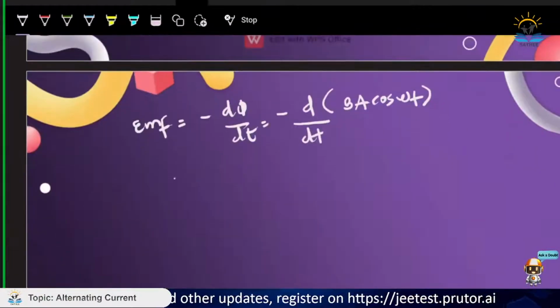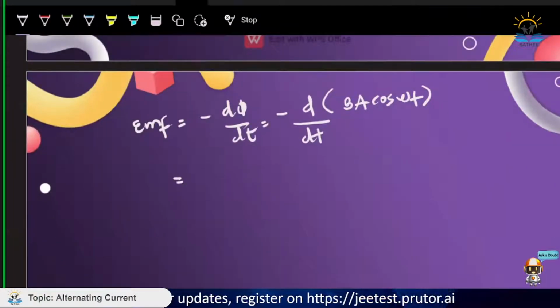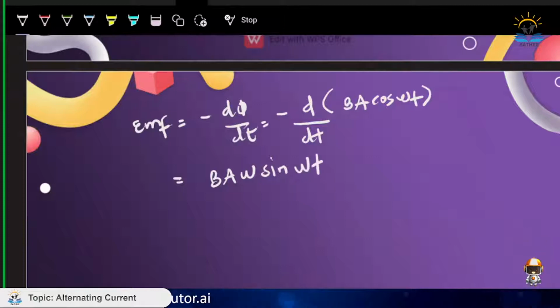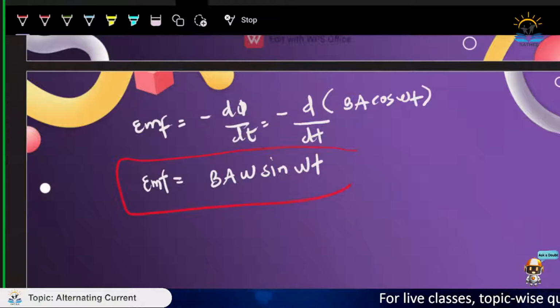If we differentiate, we will get B A omega, then the differential of cos omega t is minus sin omega t. So minus minus cancel each other, and we get B A omega sin omega t. This will be the EMF. This is the equation of EMF.